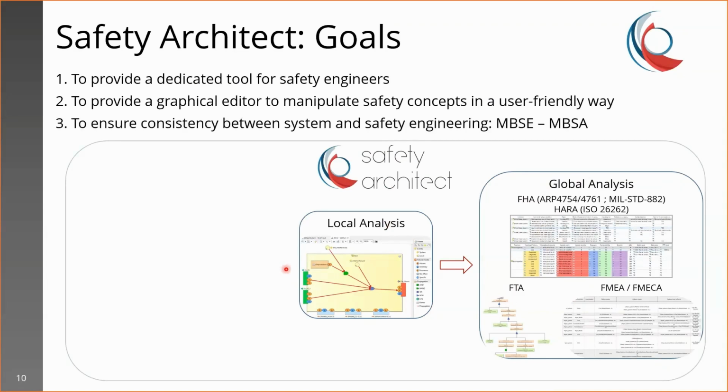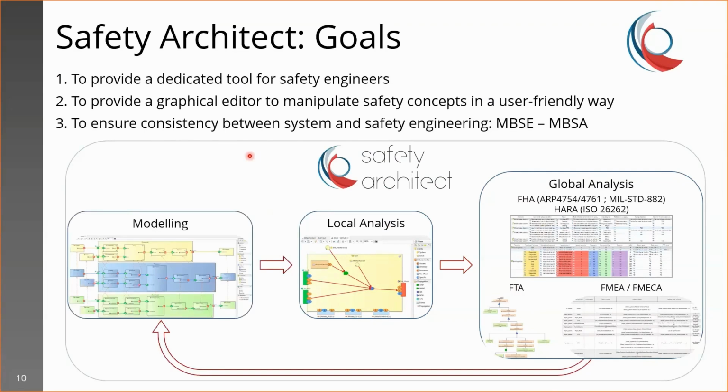The third goal is to ensure consistency, or at least promote co-engineering, between the system and safety teams. That's why the starting point for the safety analysis in Safety Architect is a system architecture. This can be a high-level architecture, so a functional architecture, but it can also be a more detailed architecture, such as a software or hardware architecture.